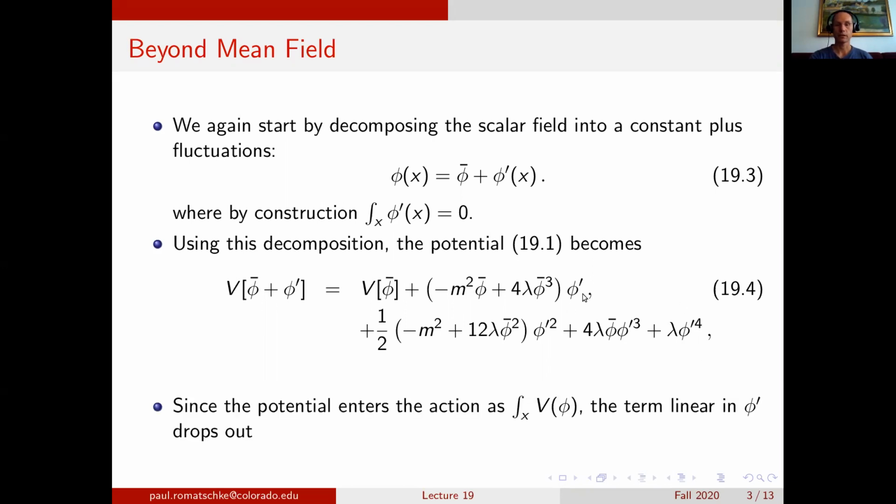Now, since the fluctuations fulfill that the integral over them just vanishes, in the action, the integral over the potential will lead to the effect that the linear fluctuation part just drops out because the integral over phi prime just vanishes. So in the action, we are left with all the other parts, namely the classical potential evaluated at the mean field and terms quadratic, cubic, and quartic in fluctuations.